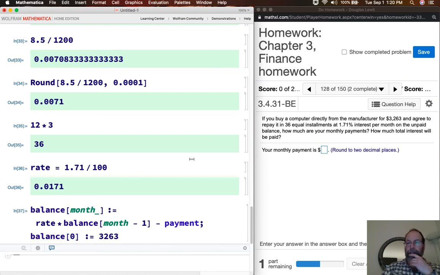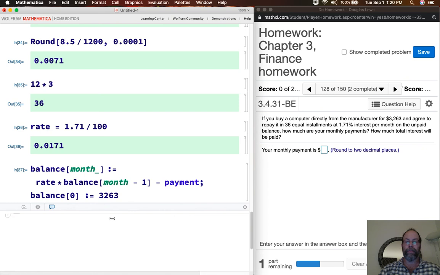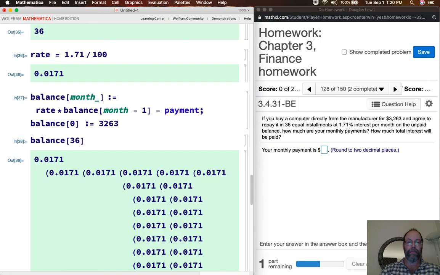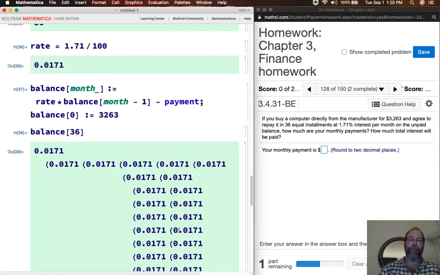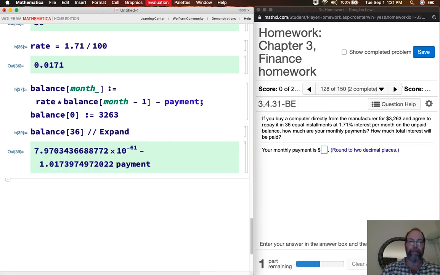And it says here I have to repay this whole thing in 36 months. Balance of 36 months. Oh, okay, so I should expand this. Sorry about that. Let me expand it so that it's a little easier to look at.